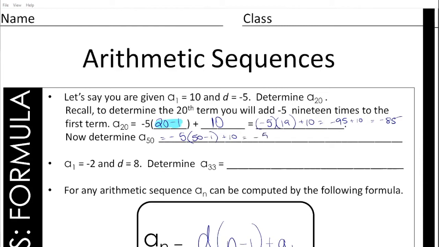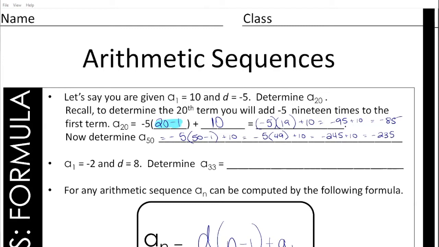So we get -5 times 49 plus 10. -5 times 49 is -245. And then -245 plus 10 is -235. So yeah, that would have taken you a long time to go by 5s 50 times.